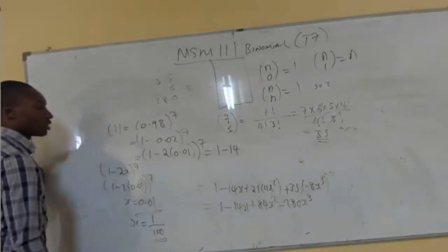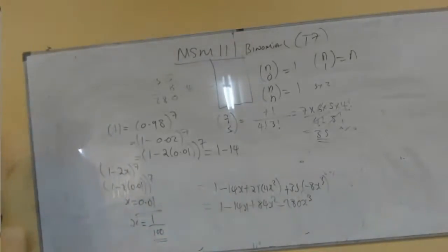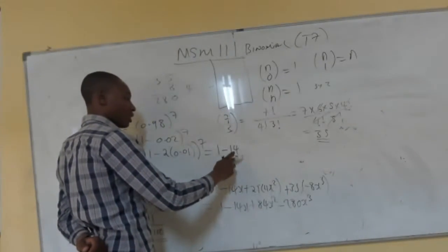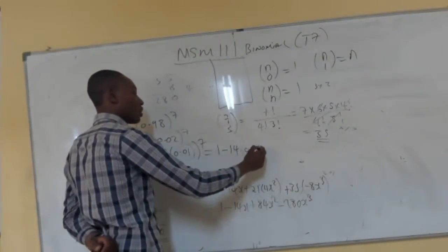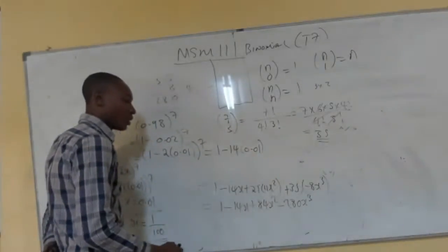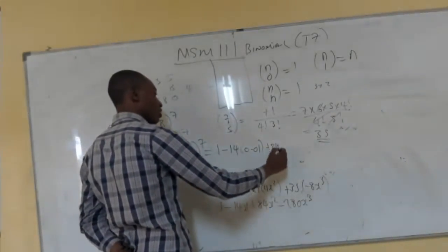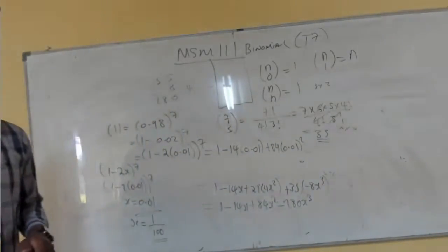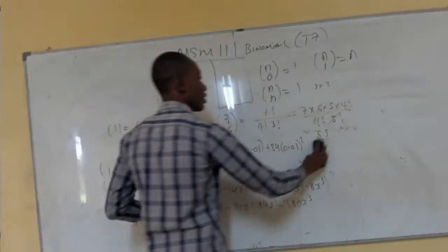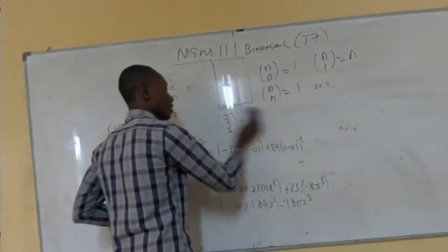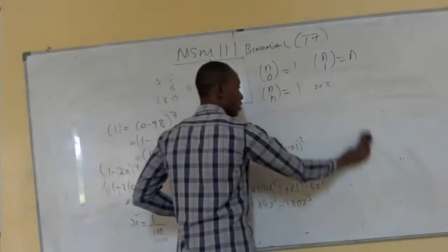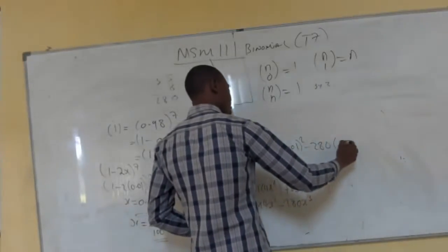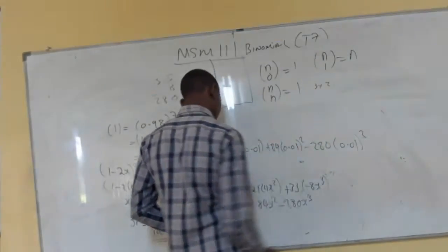So x is 1 over 100, so we're going to have 1 minus 14 times 0.01, then plus 84 times 0.01 squared, minus 280 times 0.01 to the power 3.